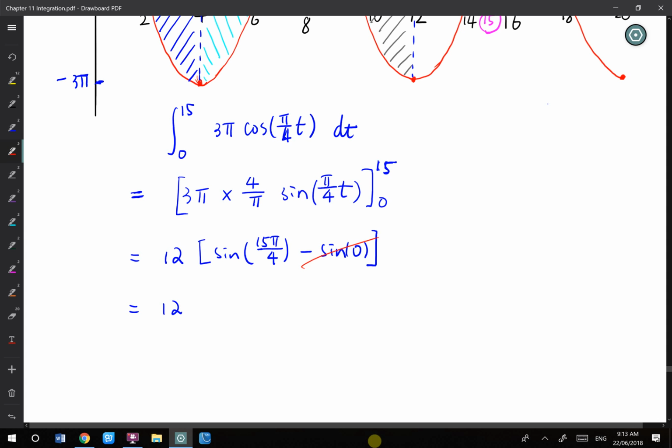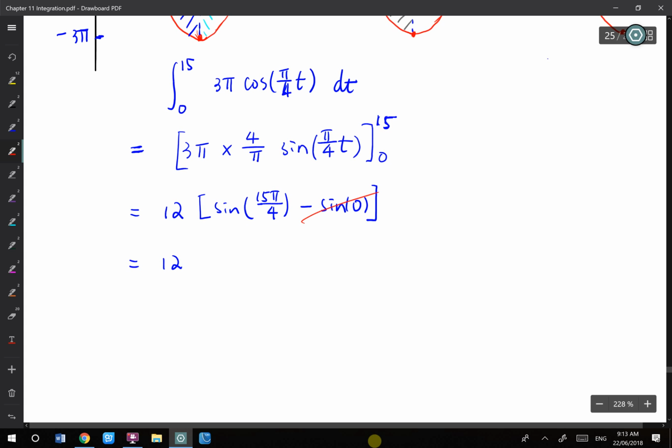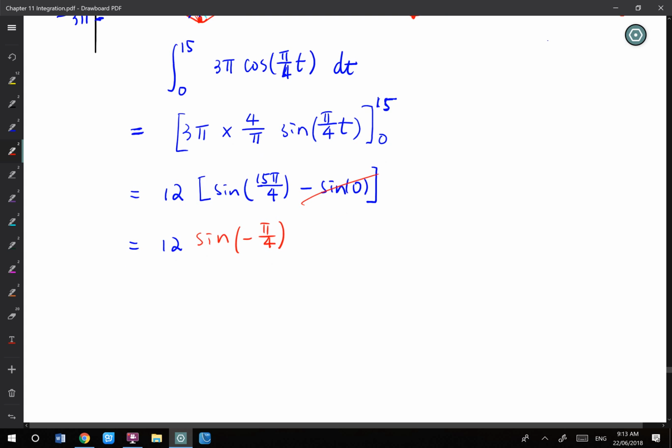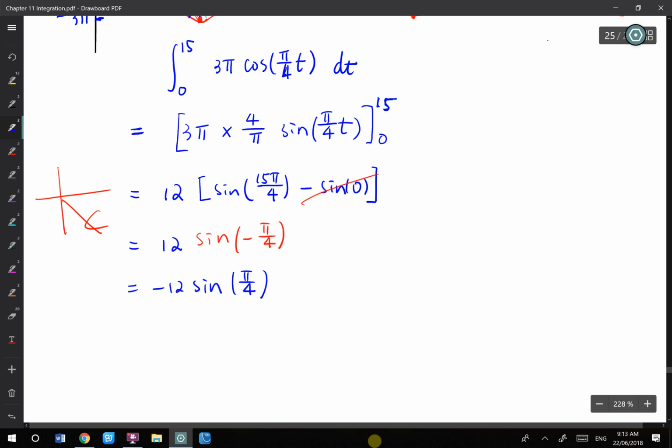And 15 pi over 4 gives you sine of minus pi over 4, because I subtract 4 pi, and 4 pi is 16 pi over 4. So minus 4 pi, and you know minus pi over 4 is in the cosine quadrant. That's a minus, 12 sine of pi over 4. That's 12 times root 2 over 2. That's minus 6 root 2.